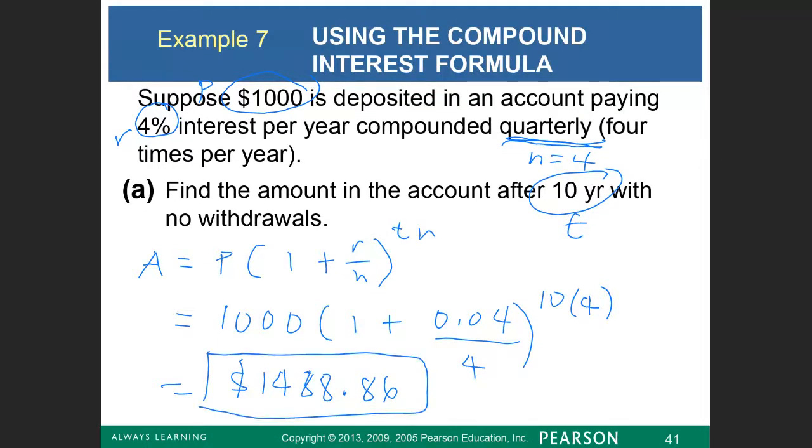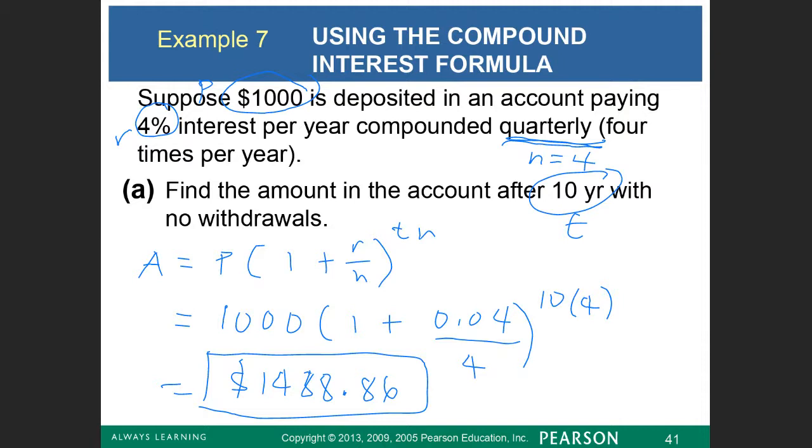So using your TI-83 or 84, you can actually plug that in exactly as the formula. You don't have to do it one at a time. So 1,000 first, then parenthesis 1 plus 0.04.